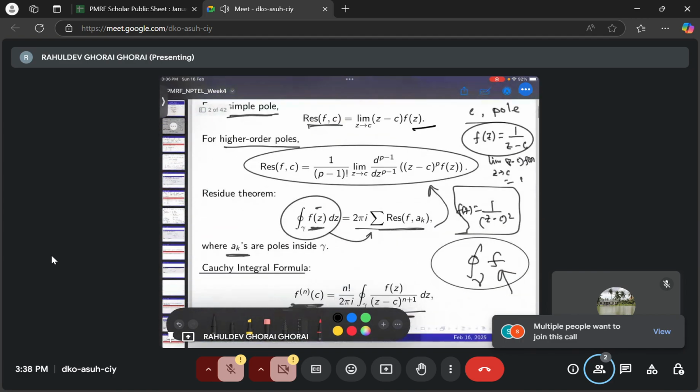See this. If it is a pole of order p, then we write like this. The residue of f at c will be 1 over (p minus 1) factorial, limit z tends to c of d to the power p minus 1 over dz to the power p minus 1 of (z minus c) to the power p times f(z). Okay.